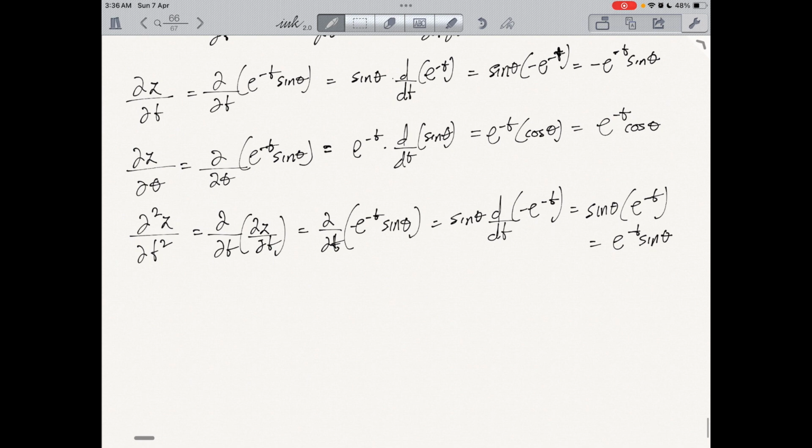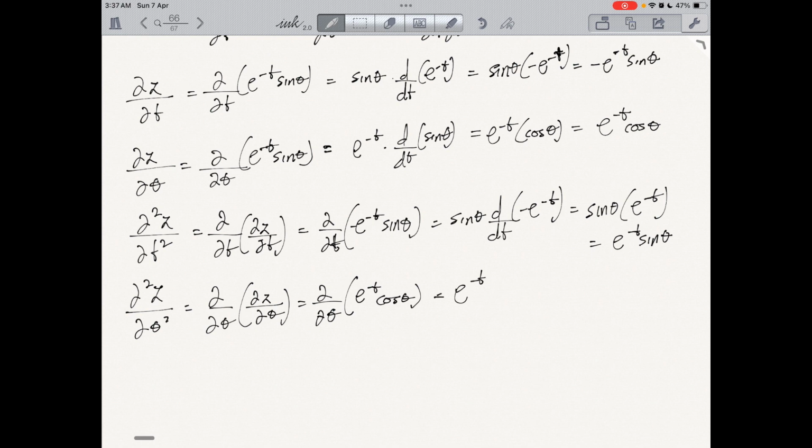Next thing to evaluate is d square z/d theta squared, and that is d/d theta of dz/d theta, and that is differentiating partially with respect to theta of exponential minus t cos theta.